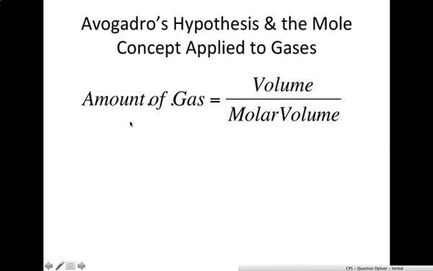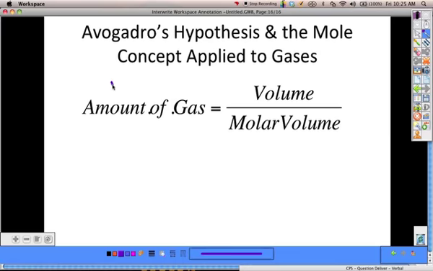When we're talking about amount of gas, we're dealing with moles. So the moles is equal to the volume that we actually have divided by the molar volume.